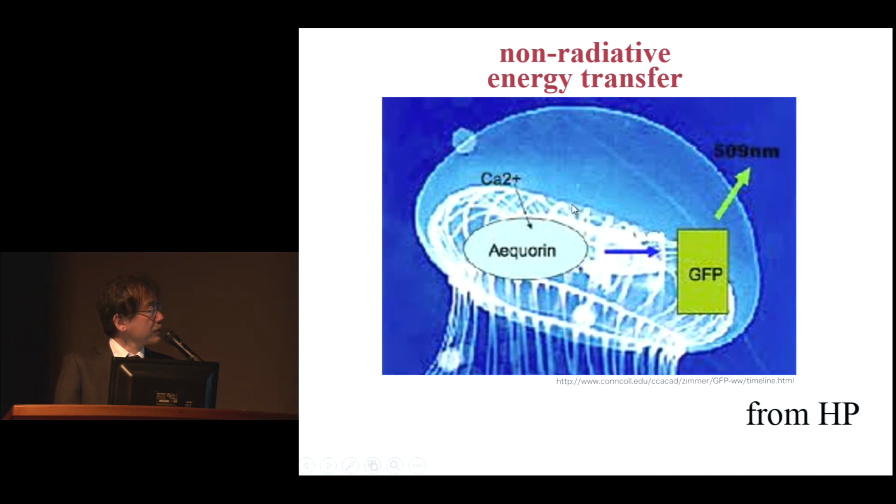When purified, it emits blue light in the presence of calcium ion. However, in the light-emitting organ, aequorin is tightly accompanied by GFP, and aequorin's excited state is very efficiently transferred to GFP. As a result, the animal emits green light instead of blue. But nobody can tell exactly why jellyfish emit light and why they shift the spectrum from blue to green.